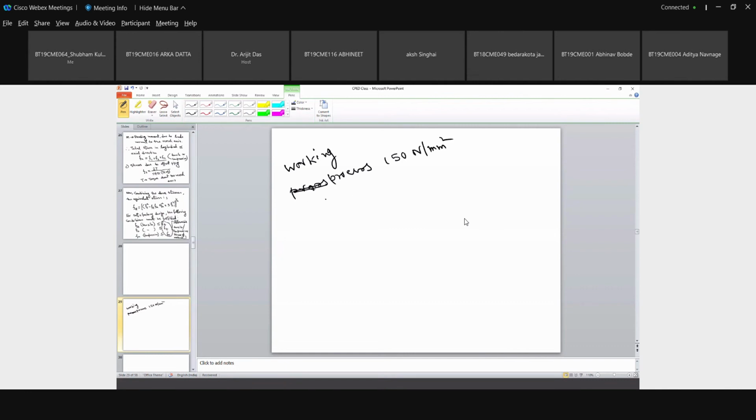A designer will not take this value, but will increase it by multiplying by a parameter, also known as the factor of safety, for safety purposes. So you will take the design pressure by multiplying this working pressure by a factor of 1.1.